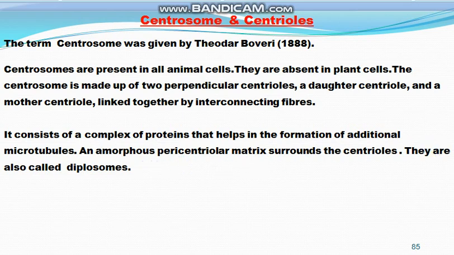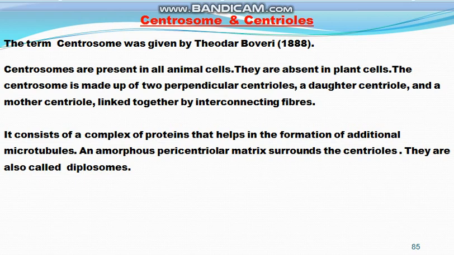So I will tell you that the centrosomes are made up of two perpendicular centrioles, means inside the centrosome there are two centrioles, and these two centrioles are present at right angle to each other, that is they are perpendicular to each other, and one centriole is the daughter centriole and the other centriole is the mother centriole.